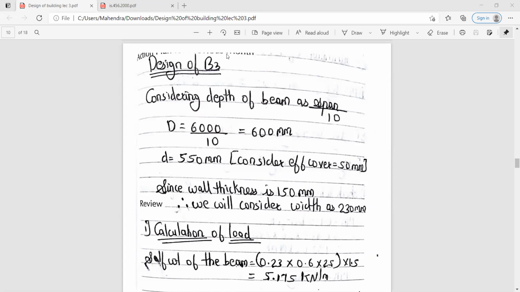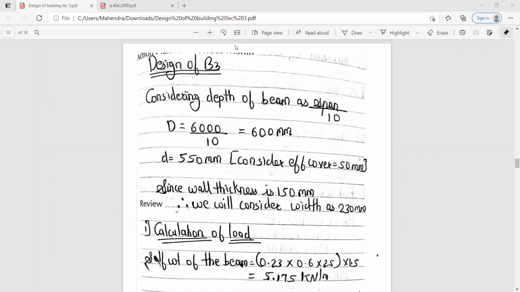Okay, over. Should I proceed with the calculation of loadings? In the last sum, we have taken D equals to L effective by 15, as the last sum is for the simply supported case and this sum is for the continuous beam.